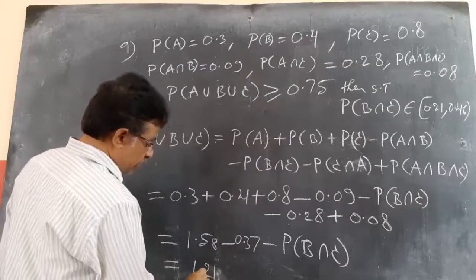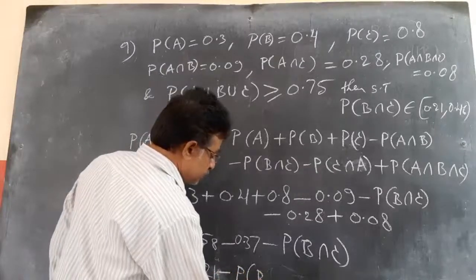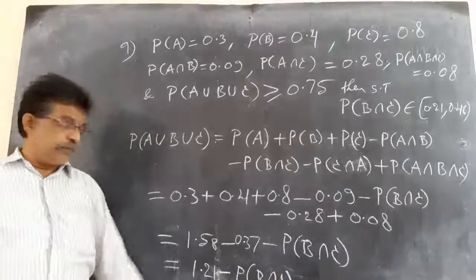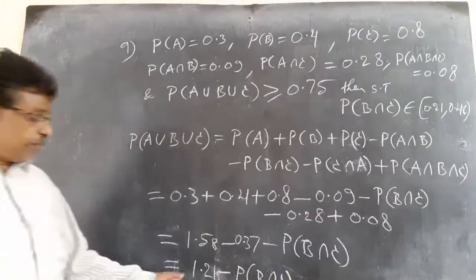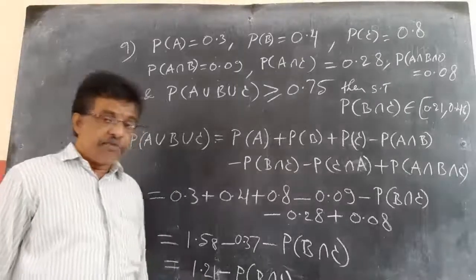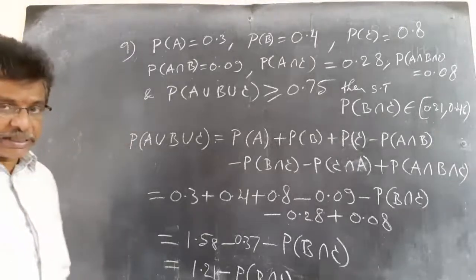So 1.21 minus P of B intersection C. So this whole is P of A union B union C found out. So P of A union B union C equals 1.21 minus P of B intersection C.